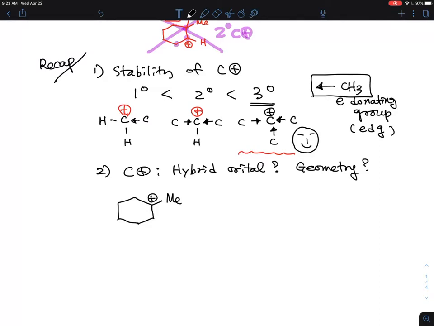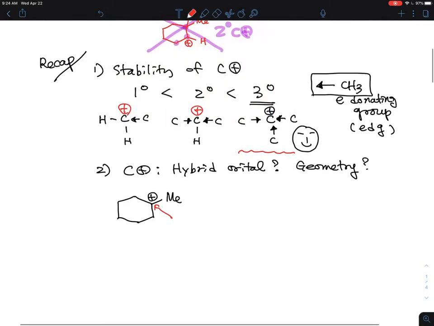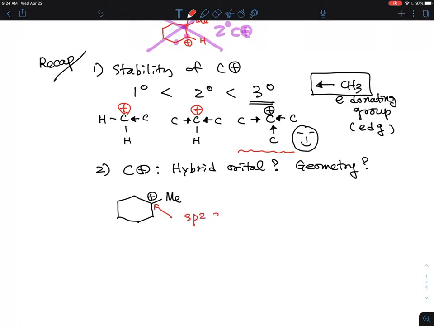This carbocation is an sp2 carbon, and its geometry is triangle planar. In a fancier term it is trigonal planar structure, but I'll just call it a triangle, and the carbon sits in the middle. Okay, so that's the structure.